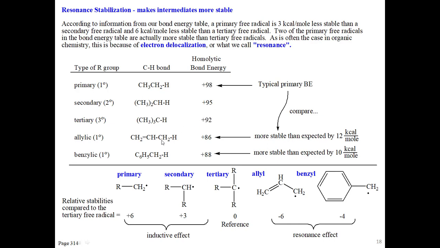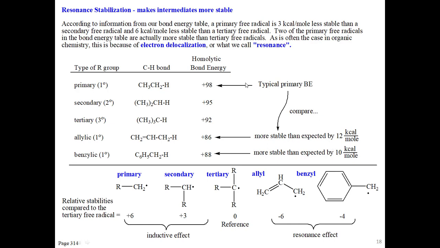Now if I come down and look at this, it is a primary free radical, but there's an adjacent pi bond. So if I make a free radical here, I can write a resonance form where I put the free radical over here, and I can do the same thing with a benzyl, because I got these adjacent pi bonds. And so that makes them much more stable than expected, by quite a bit.